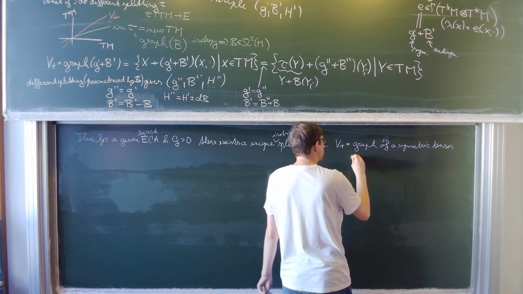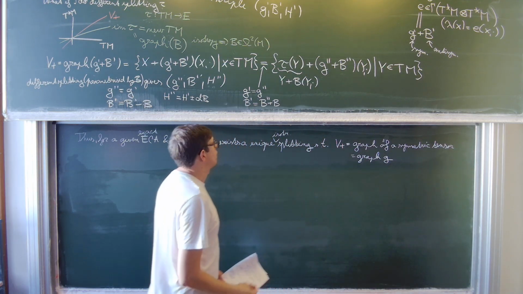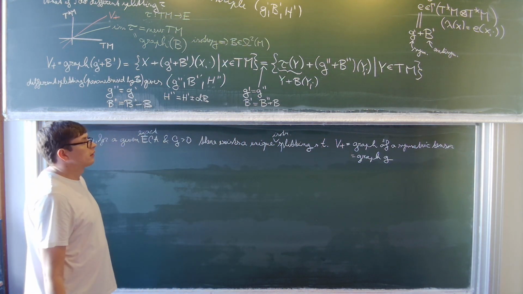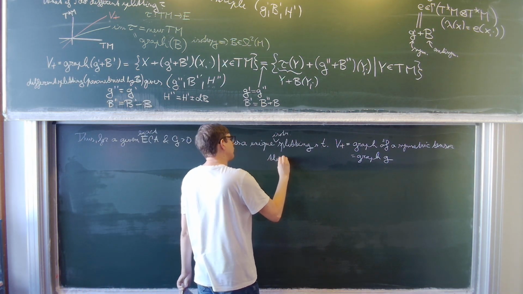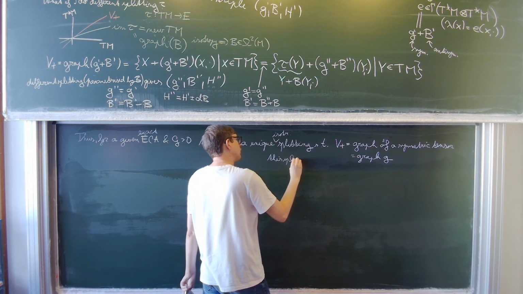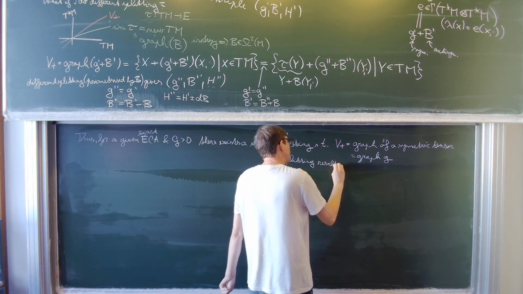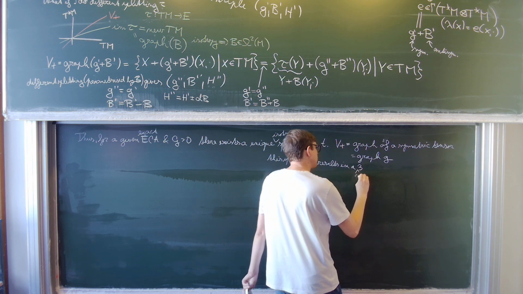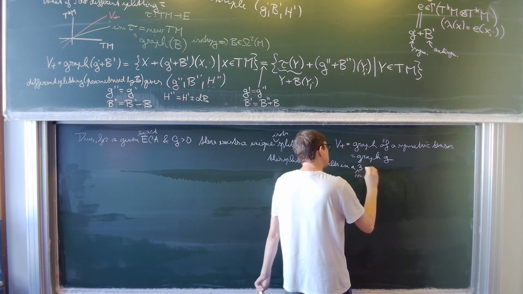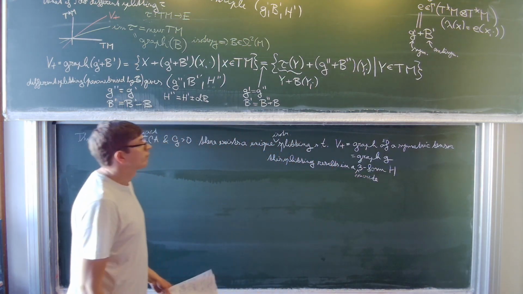So G, graph of some G. And this splitting results in a concrete 3-form H. So this is how you get that.